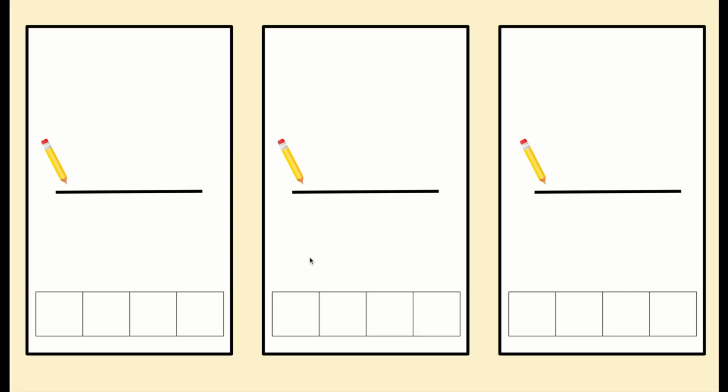Let's stretch it out and listen for the sounds. Ch-ill, chill. Write the letters that represent the sounds you hear in the word chill. And the last word, letter. L-et-er, letter.